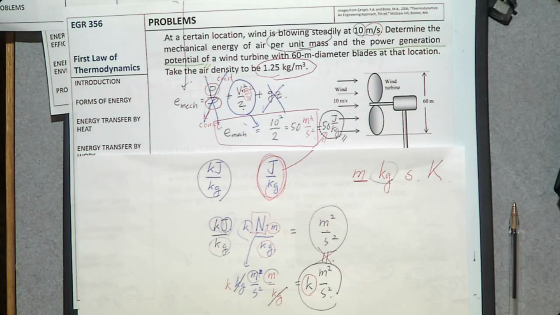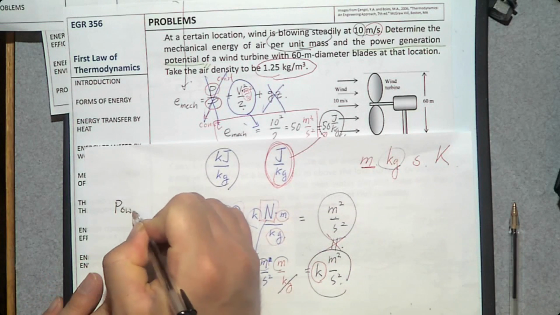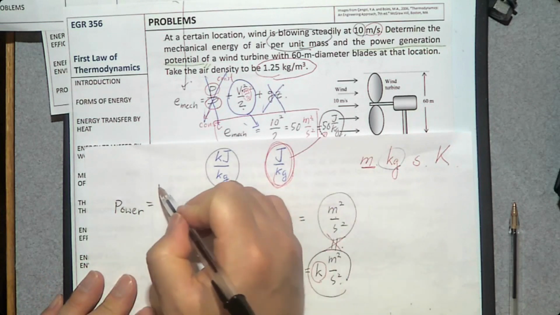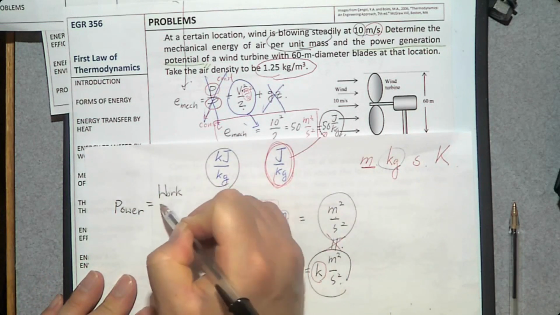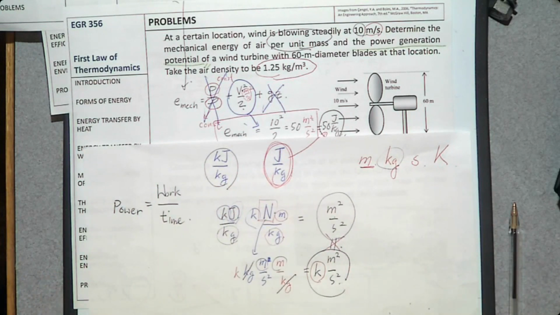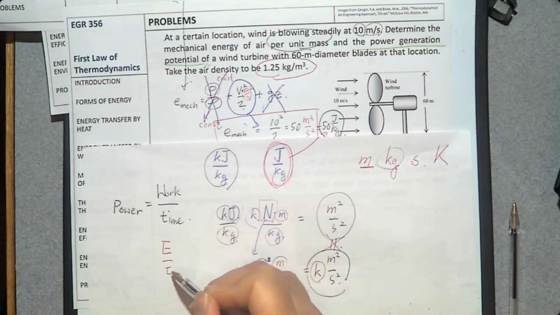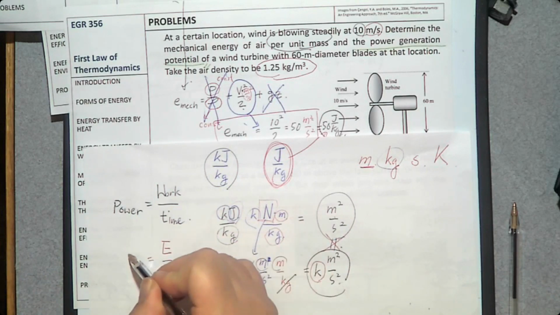So we can determine total power. What is power? Power is work divided by time, or energy divided by time. So energy divided by time, what is it? Energy flow rate, E dot.